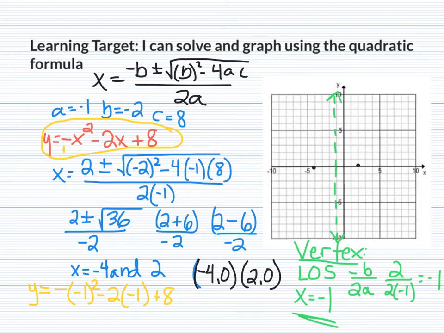Okay, I'm going to do that on my calculator, just like that, with the negative out in front, the negative in there, the negative in there, and y equals 9. Okay, so my vertex then is negative 1 comma 9.